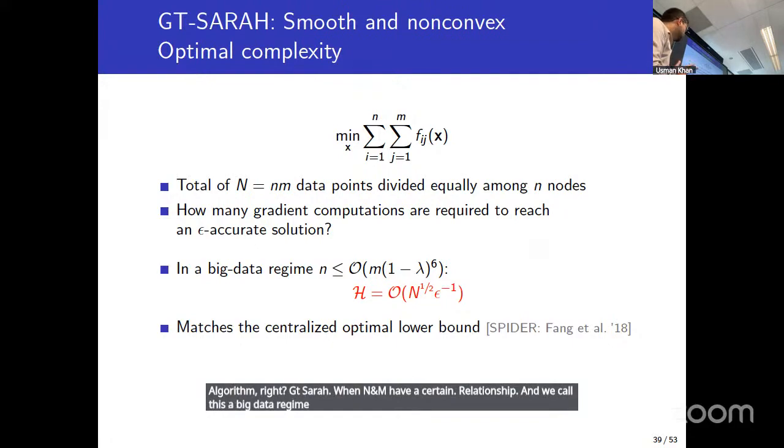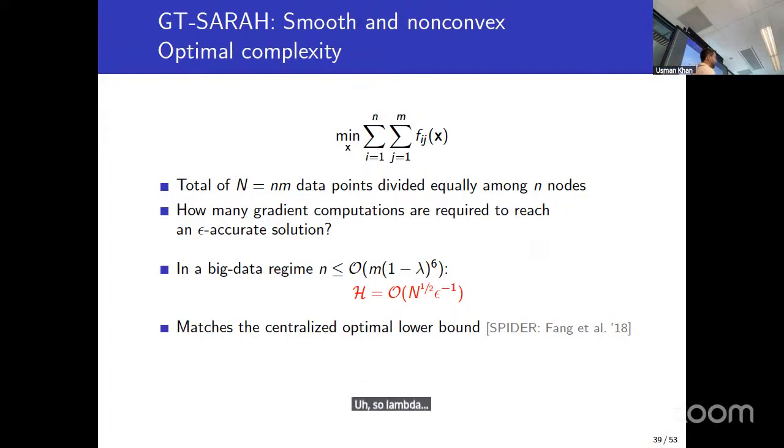So in order to explain this, let me recall. Lambda, right, not gamma? Okay. Lambda goes to 1 if the network is bad, right?